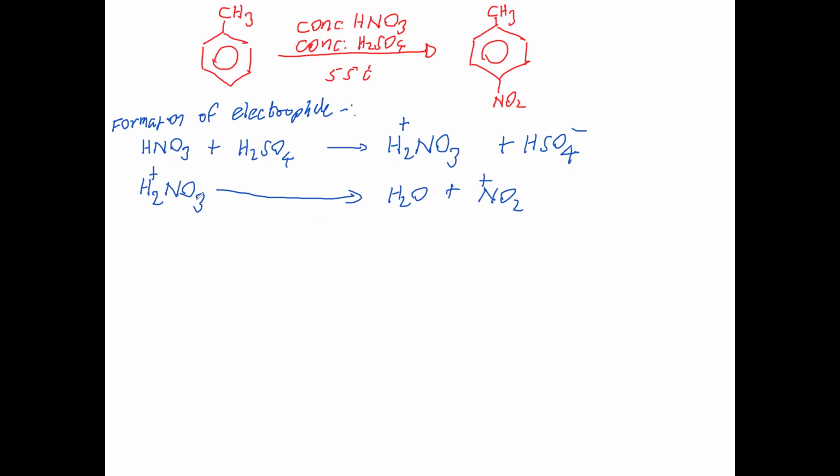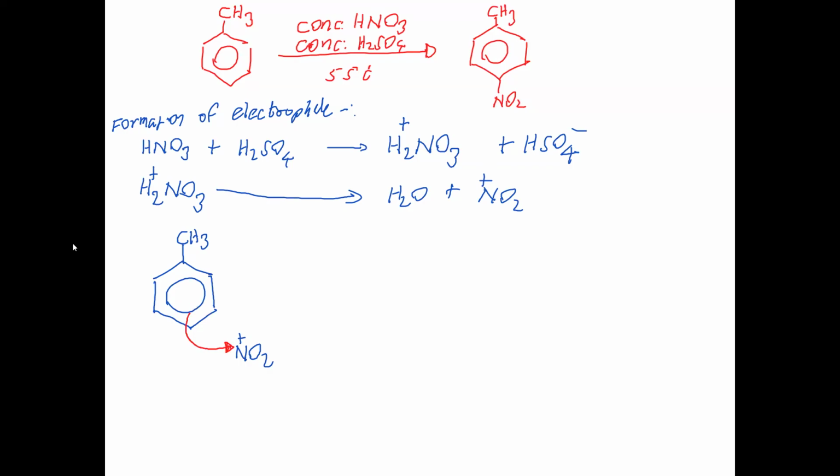So what happens here is, now we have our molecule, methyl benzene, with CH3. So when the NO2 plus sign comes there, the pi electron cloud on the methyl benzene uses electrons to form a bond with this nitrogen atom.